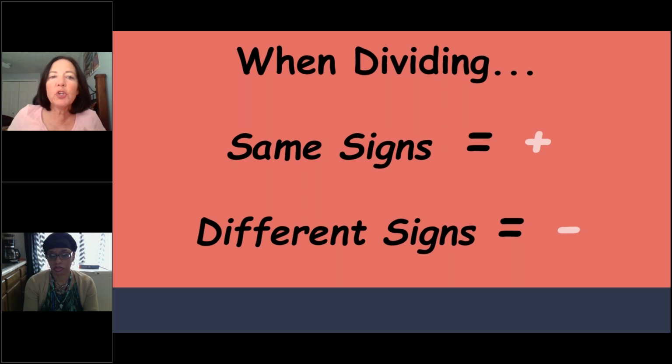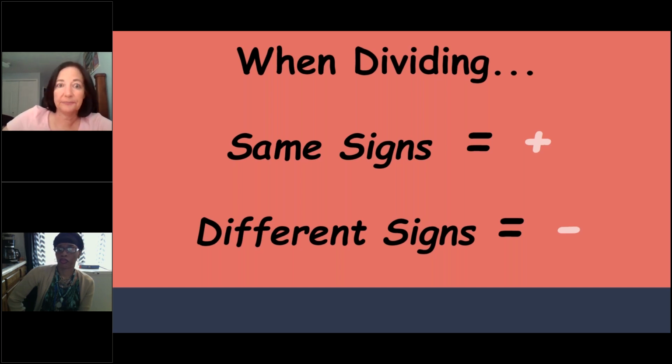Go back to where you wrote the rule that said when you're multiplying and add to that, or dividing. So your new rule should say when multiplying or dividing, same signs equal positive, different signs equal a negative. You got that? Okay, nice.